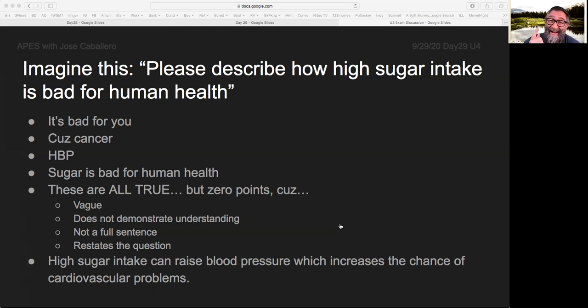That's not highly specific. The kid who said HBP could have just written this. If you don't know what cardiovascular means, that's fine. Just say heart and circulatory. You don't need to be a genius, but you do need to be a little bit more specific than some of you are in your answers. You have to show me you know something.